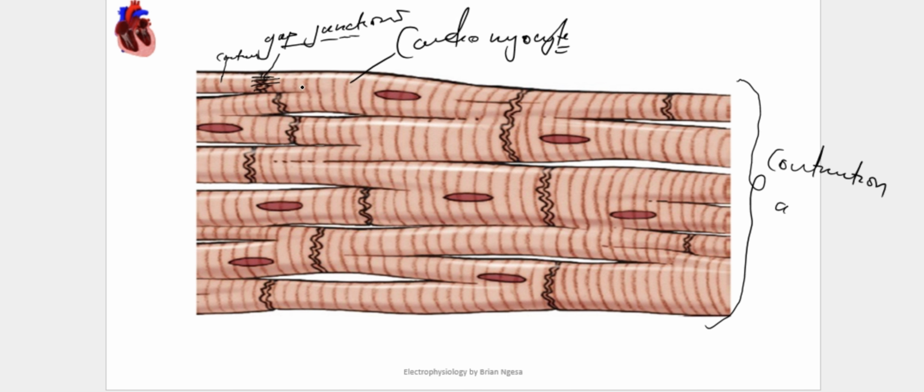So the contraction as a unit is possible because of these gap junctions that allow easy movement of electrical impulse, or we will say some ions, as we'll realize much in our discussion.